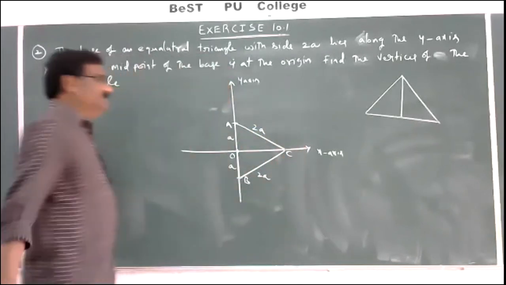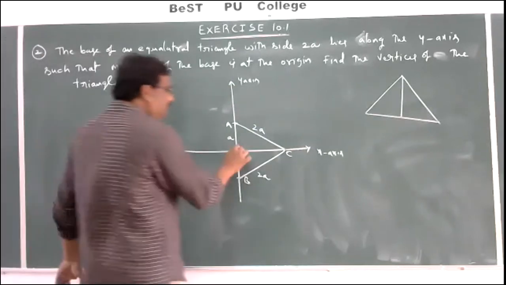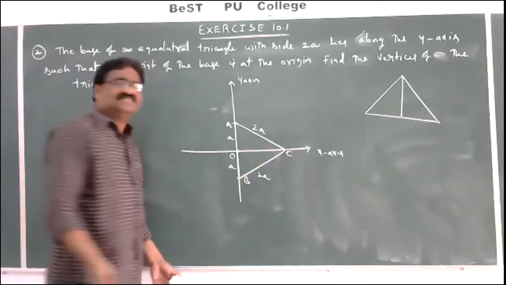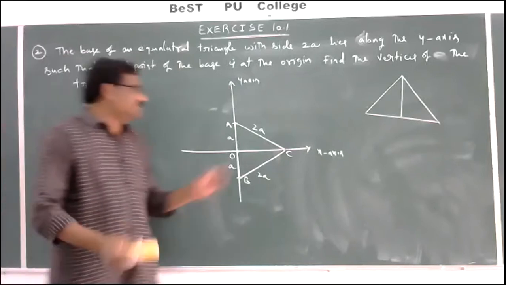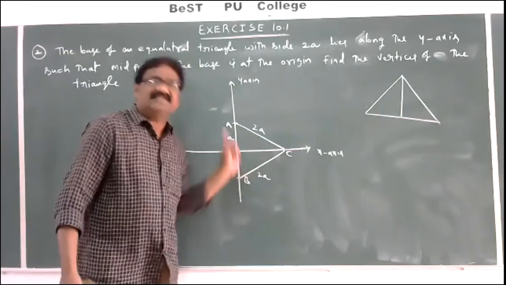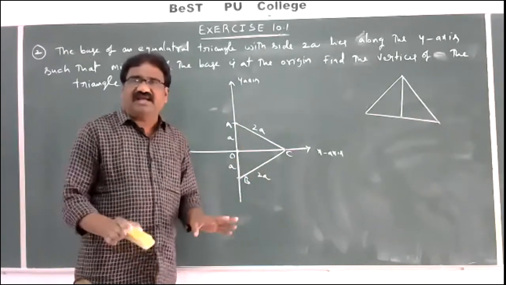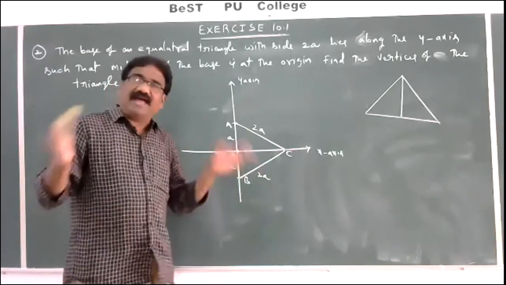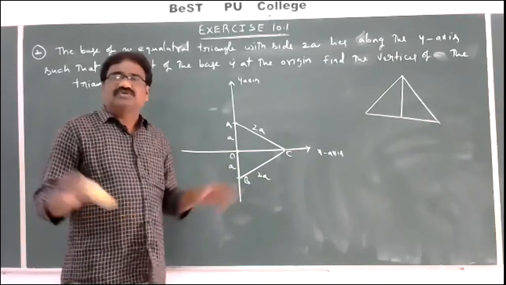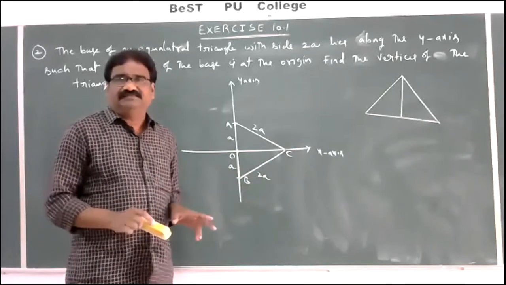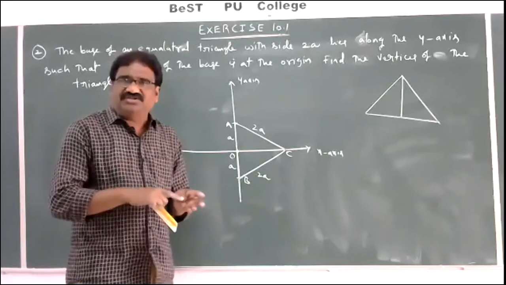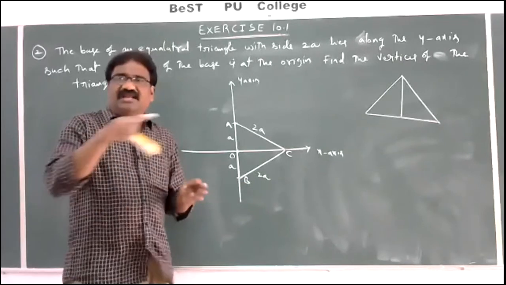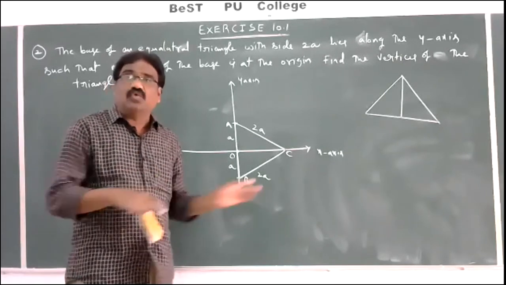Here this is C. This is the median. What is the median? The x-axis is the median. The x-axis is the altitude. In an equilateral triangle, median, altitude and internal angular bisector all coincide.